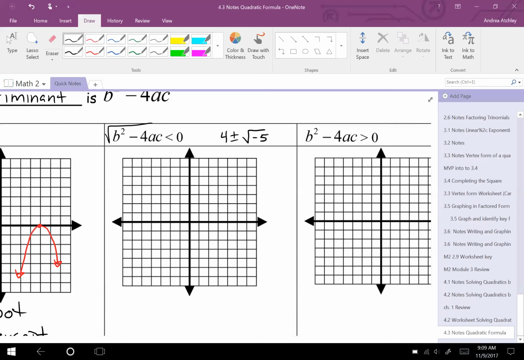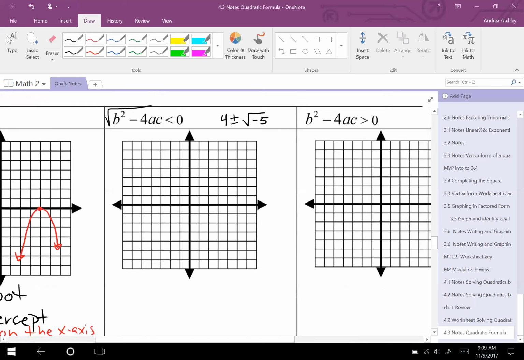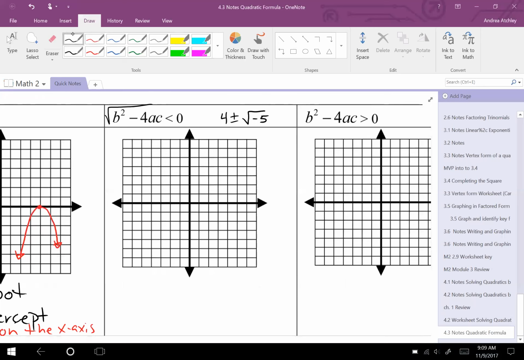Okay. So what's that negative inside the radical going to mean? Imaginary, or in this case, it's called complex because there's a real and imaginary part. So you're going to have 2 complex/imaginary solutions.